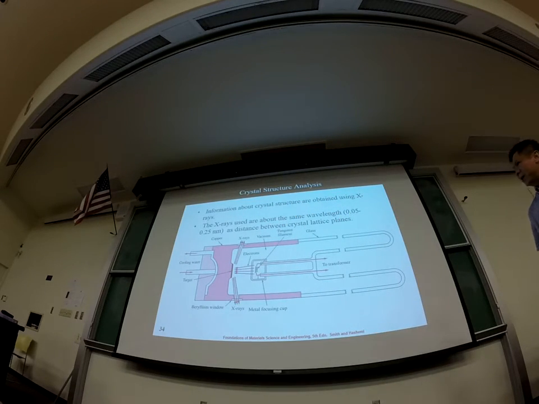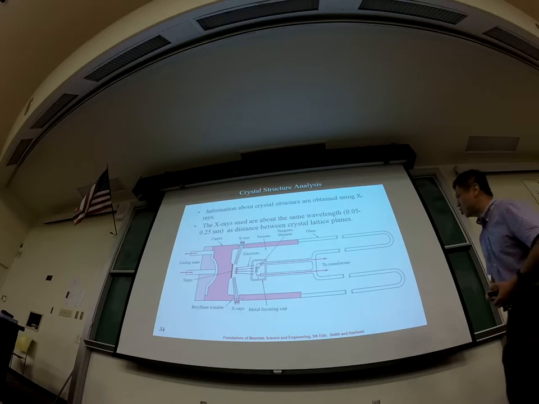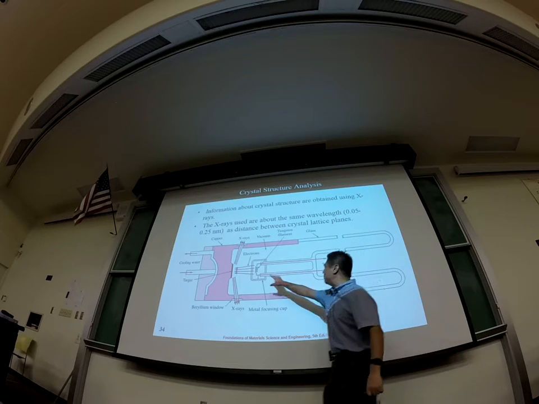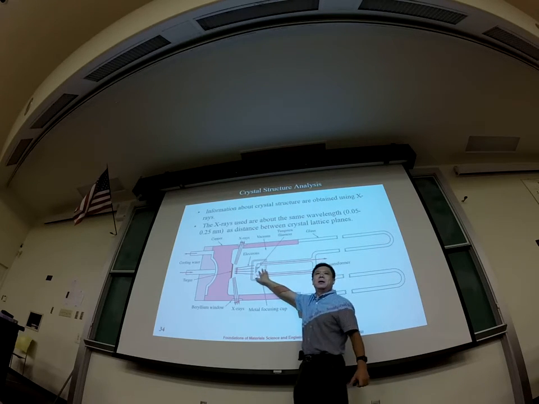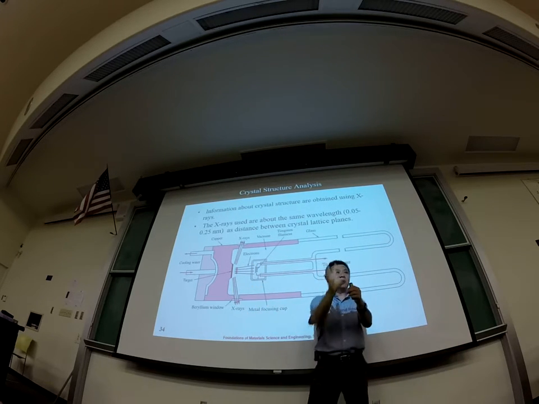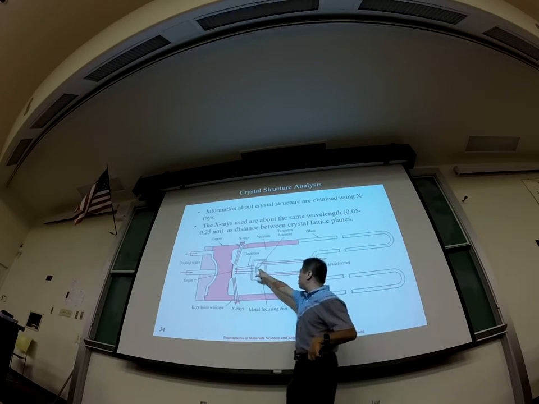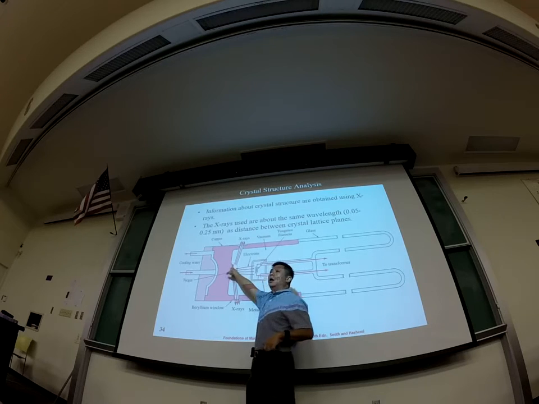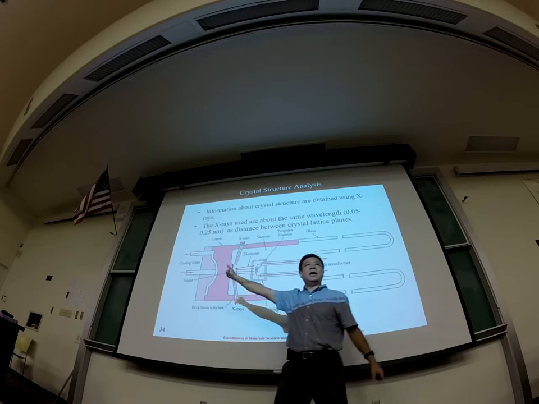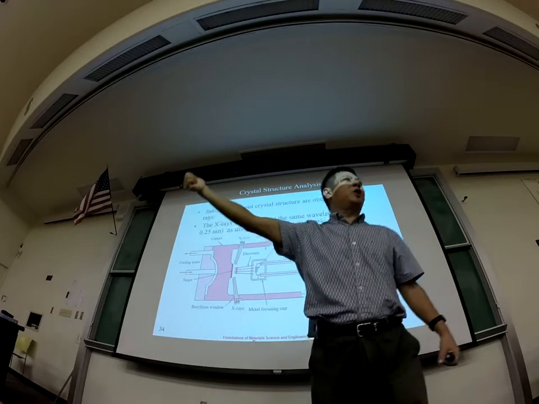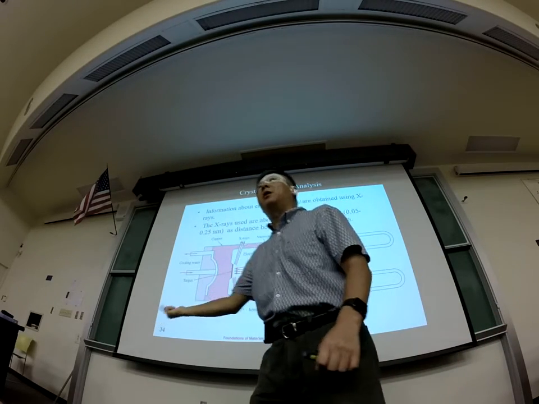So generating X-ray is not that hard, especially in the current days, okay? You use a filament, usually a tungsten filament, that when you heat it up will generate electrons, right? Hot electrons. These high energy electrons can bombard a metal target. Usually, in current days, we use moly or copper, okay?